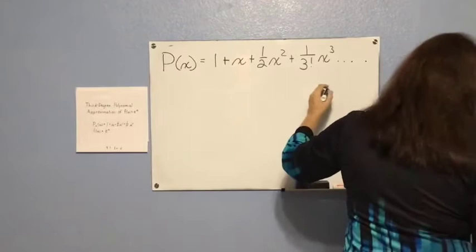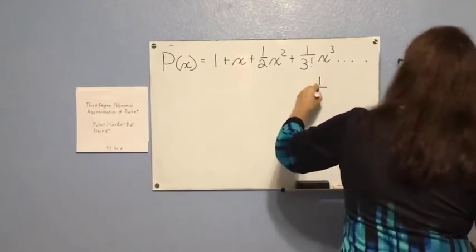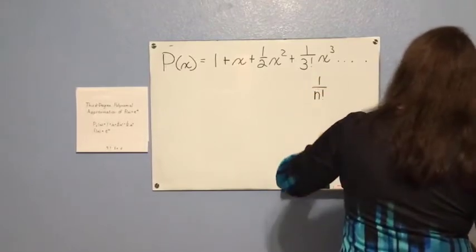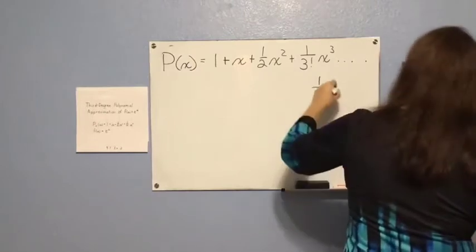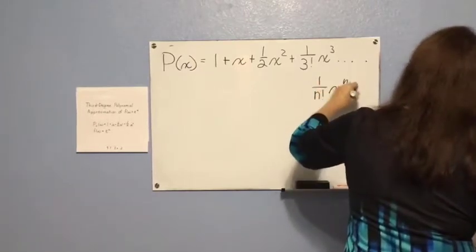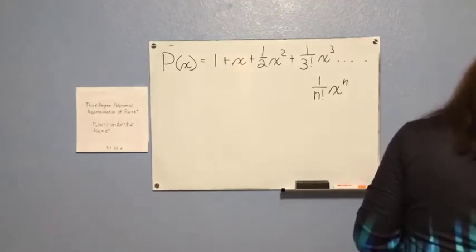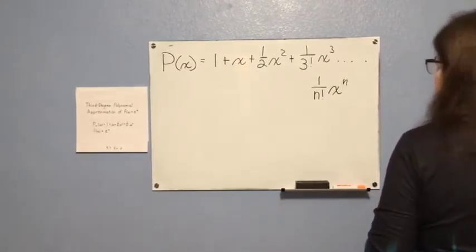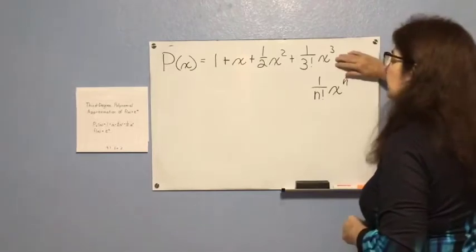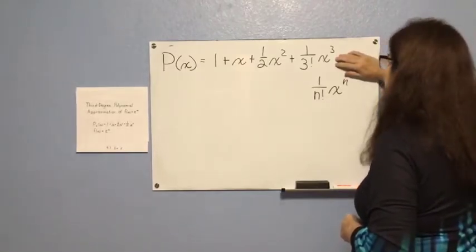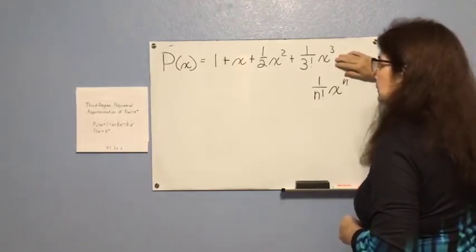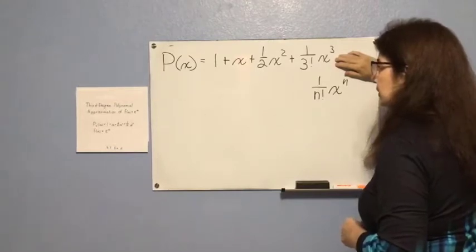And my general term would be 1/n factorial x to the n power. Okay, and this much would be a third degree approximation with a polynomial function.